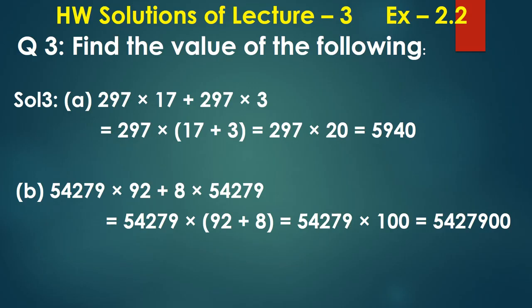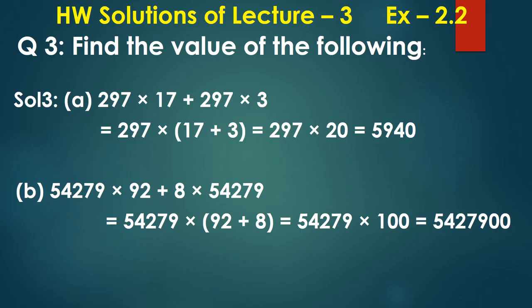And from the first term, what is left? Only 17. And from the second term, what is left? 3. So 297 will remain outside the bracket, and inside the bracket we will write down whatever is left. That is 17, then plus sign because addition sign is there, and then 3.